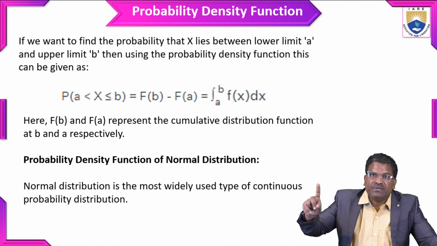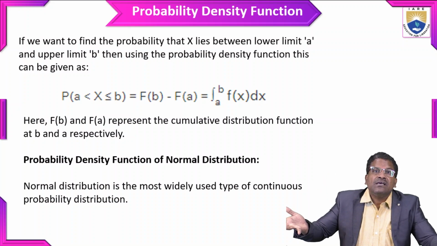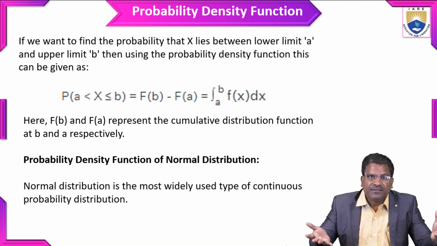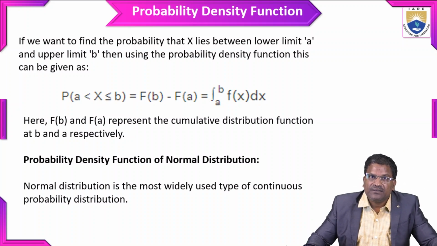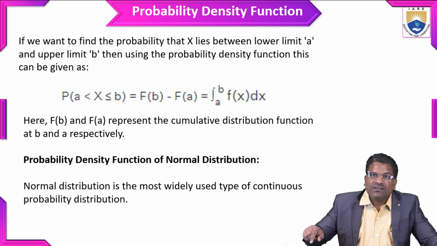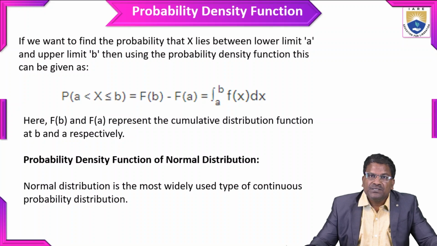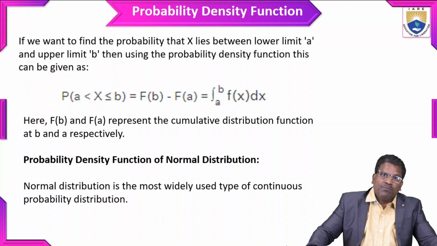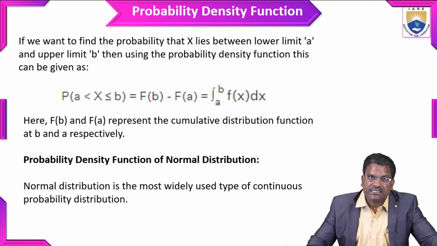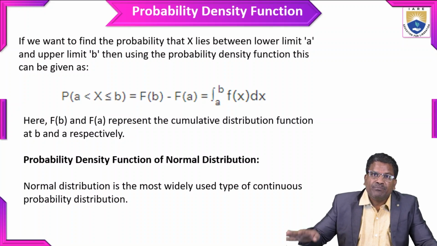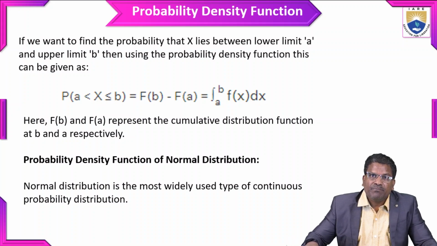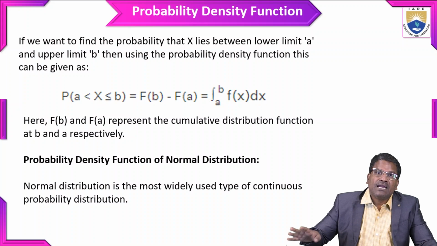Here don't get confused between small f of x and capital F of x. Small f of x stands for probability density function. Capital F of x stands for the given functional value at a and b. That is the difference between small f of x and capital F of x. So here, how is it defined? Probability of a less than x less than or equal to b is equal to the value obtained at b, capital F of b, minus the value obtained at a, capital F of a.